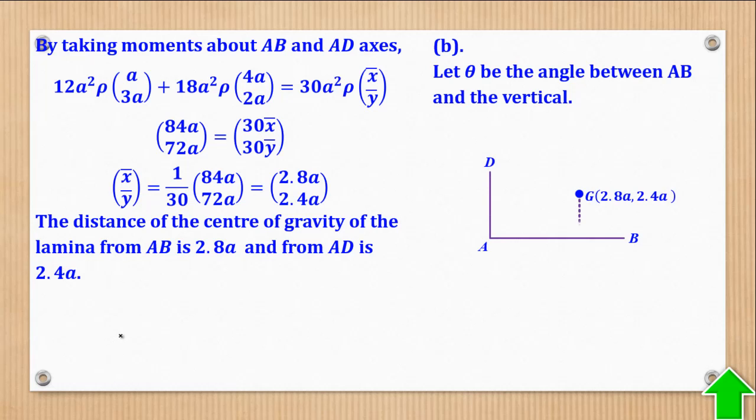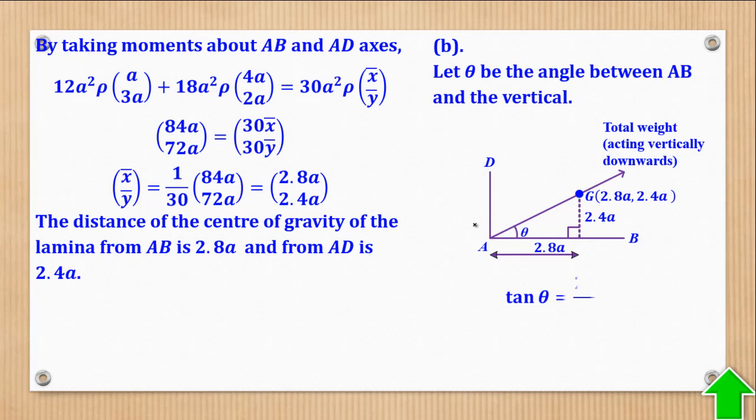Center of gravity is that. Therefore, we can now get the angle they want, AB, using tan. And that's what they wanted.